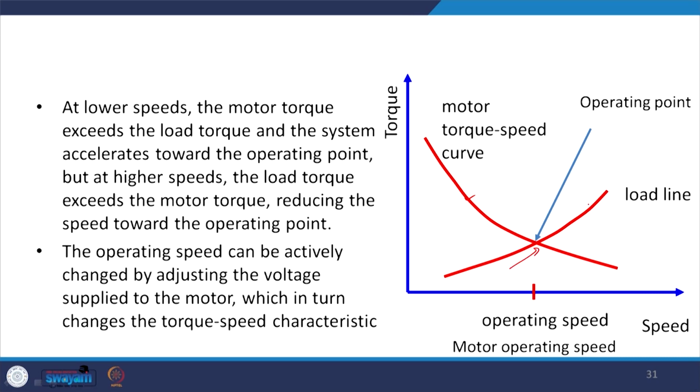But at higher speed, the load torque exceeds the torque supplied by the motor, so that reduces the speed towards the operating point. So, this operating point is actually self regulating. The operating speed can be actively changed by adjusting the voltage supplied to the motor, which in turn changes the torque speed characteristic.